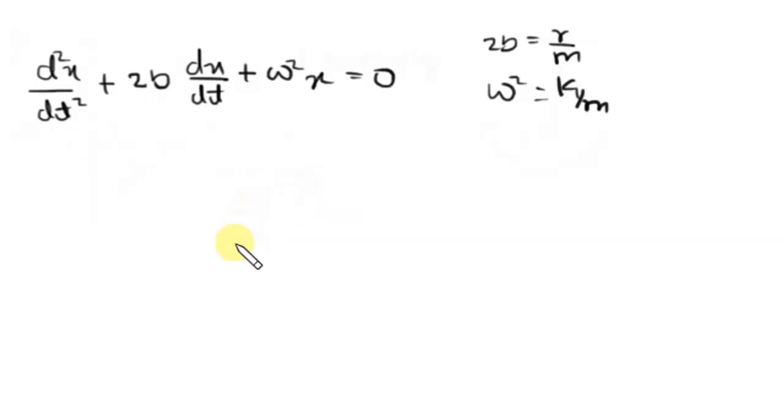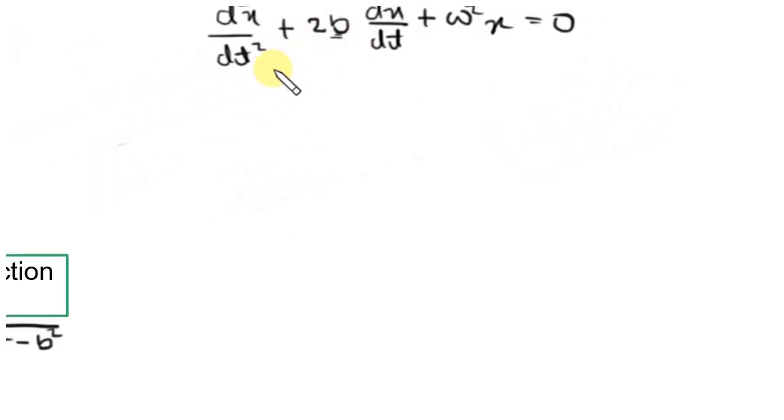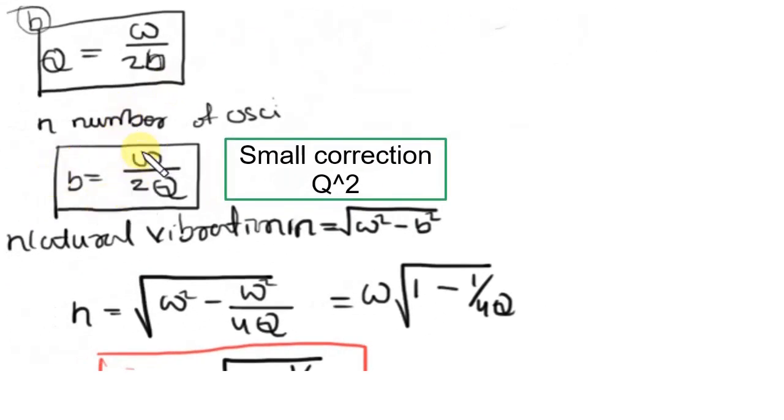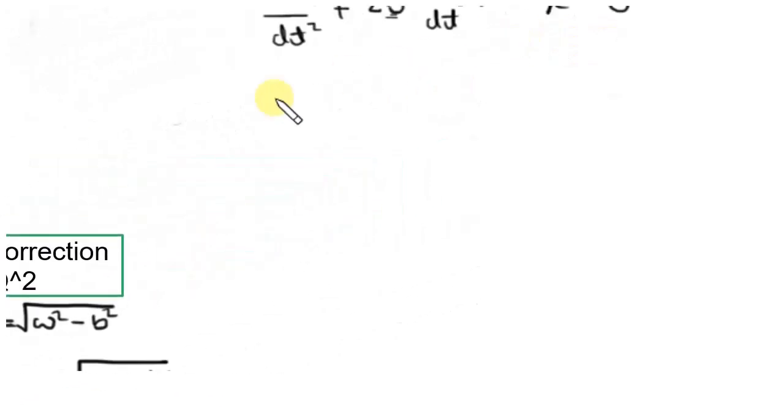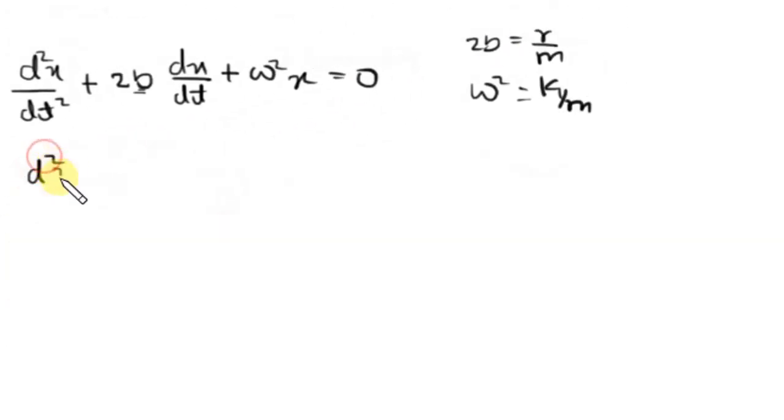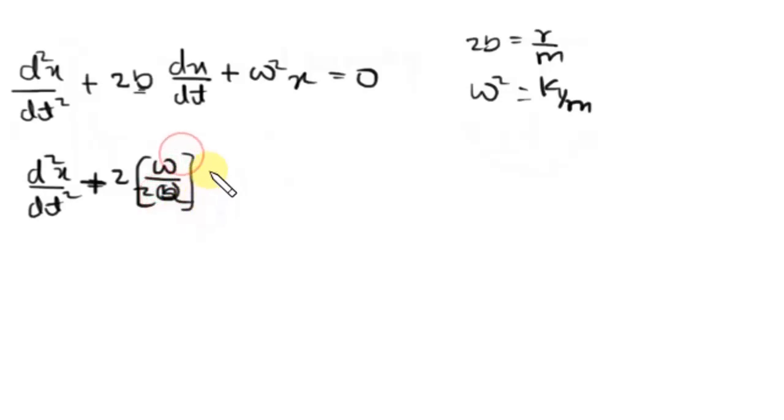Looking at this equation now, what is b? Let us substitute b, which is omega by 2q. Substituting in this equation, we get d square x by dt square plus 2 into omega by 2q dx by dt plus omega square x equals 0.